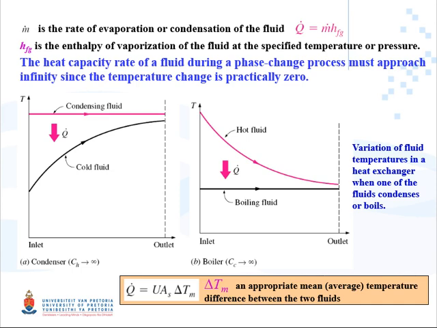Because this hfg, or the rate of evaporation or condensation of the fluid, this Q dot needs to be absorbed by the cold fluid when we are talking about condensation or boiling.